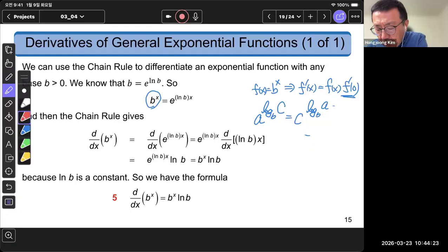So one property of the logarithmic function is that you can switch this a and c, and we have that formula.